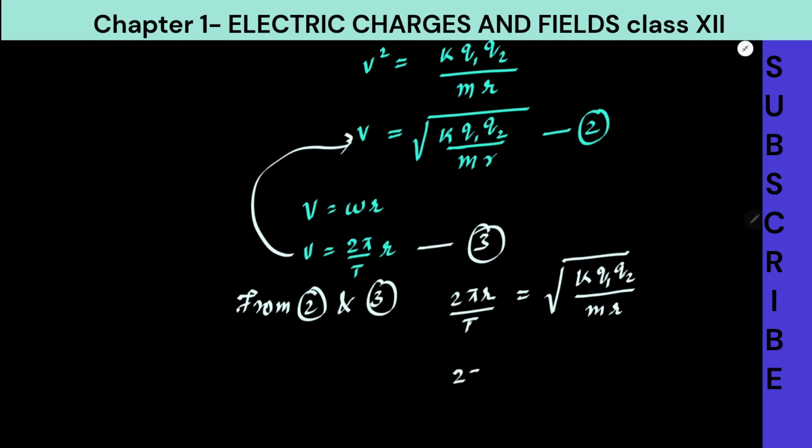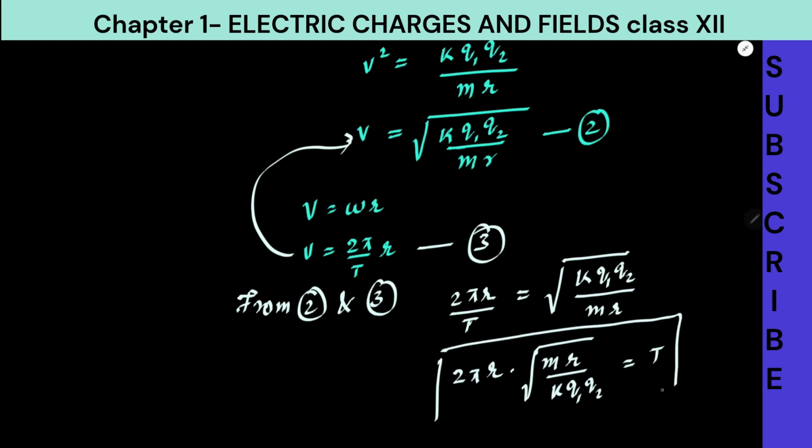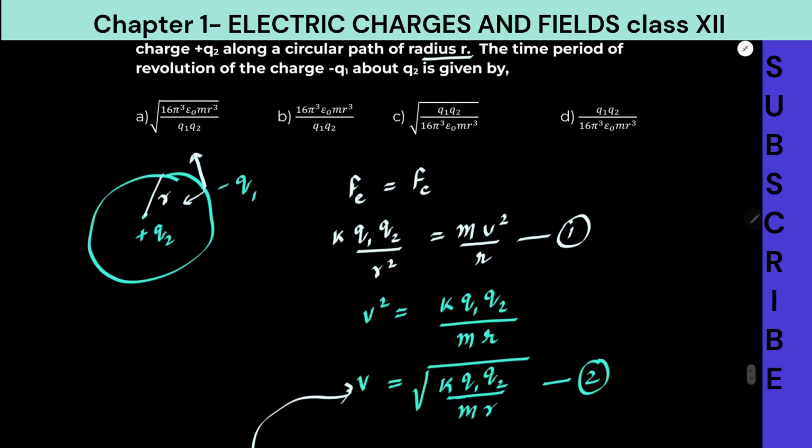Let's cross multiply. So t will go on the top and it will become 2 pi r into root under m r upon k q1 q2, that is equal to t, correct? So we got our time period like this. Let's see if there is any option like this, 2 pi r into that thing.